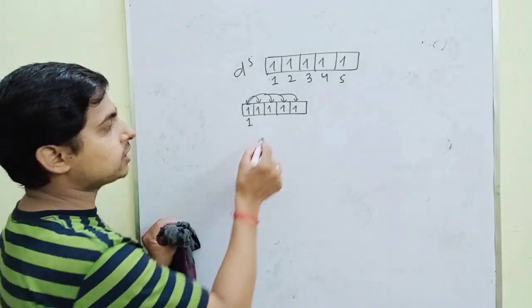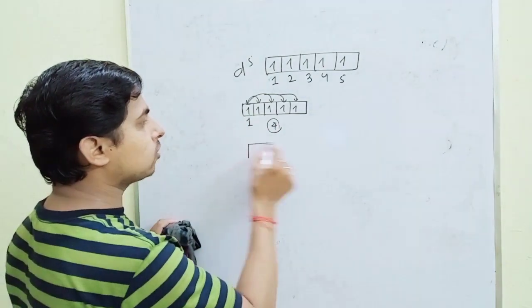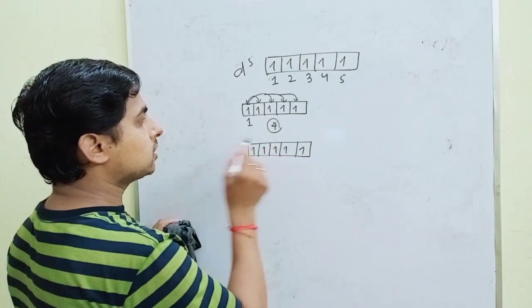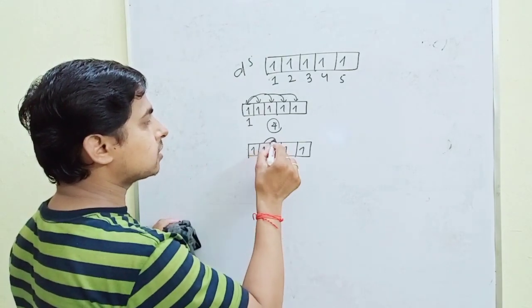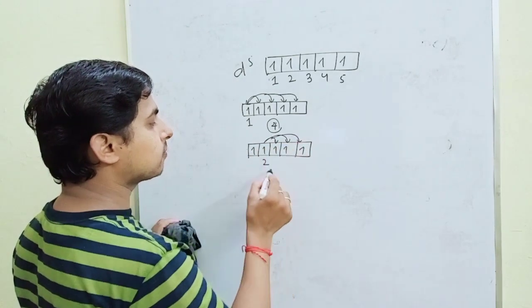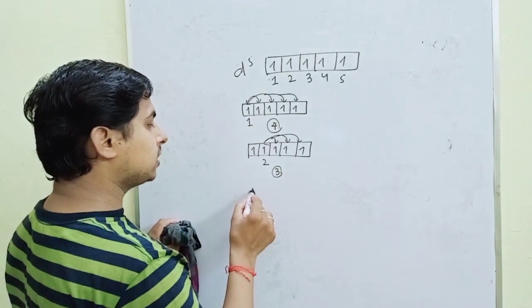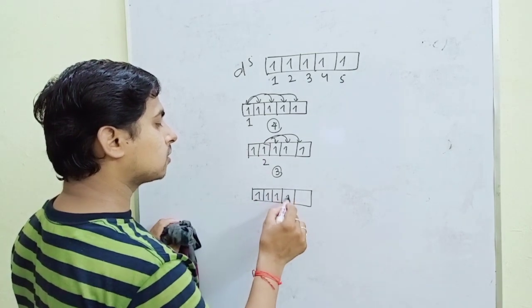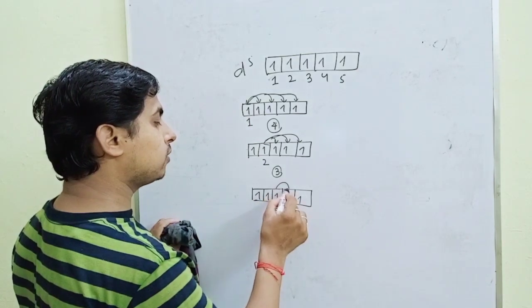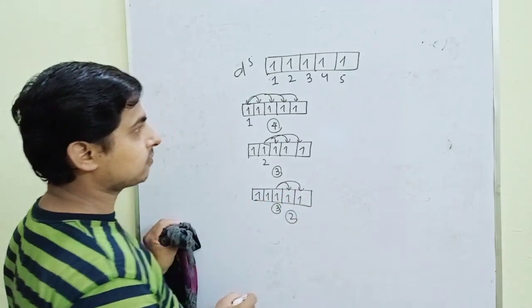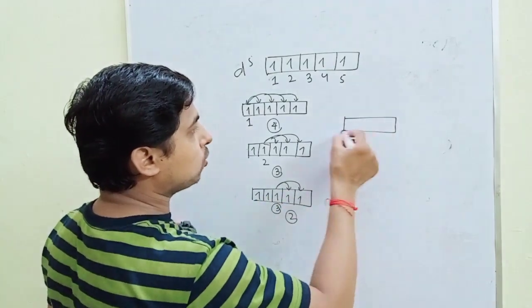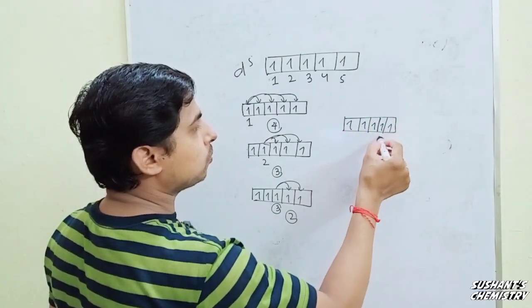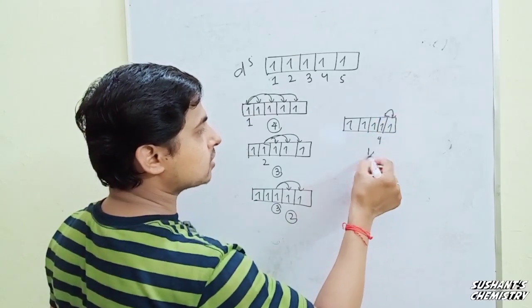The second electron can exchange in 3 ways, the third electron in 2 ways, and the fourth electron in 1 way.